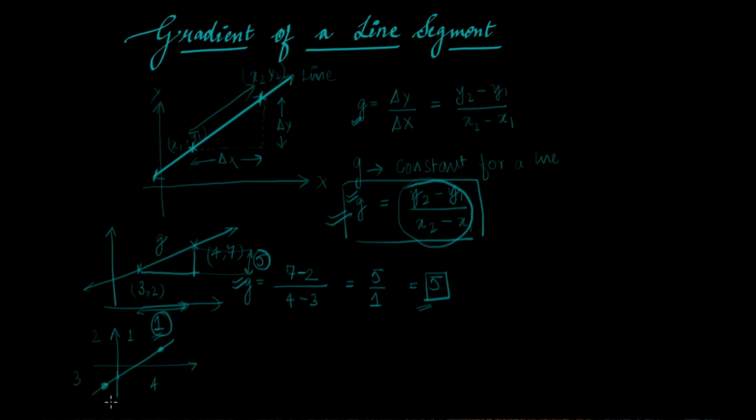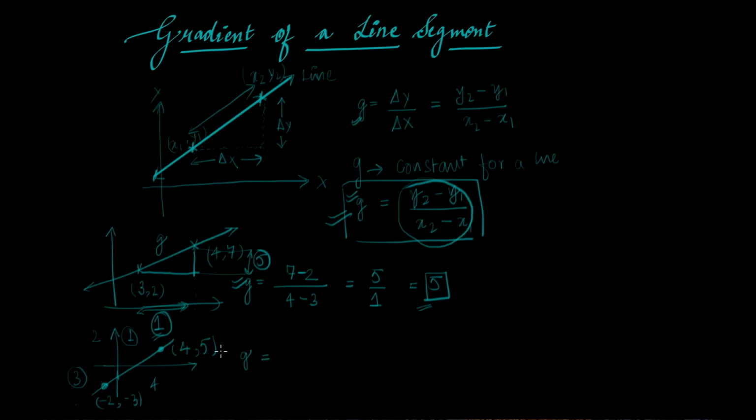If we choose this point to be in the third quadrant, and let us assume that the coordinates of this point are, well, (-2, -3), and the coordinates for this point be, well, (4, 5). So we know that the line passes through these 2 points, and we choose one point which is in the first quadrant and the other point which is in the third quadrant. Let us evaluate the g for this line, or the gradient for this line.